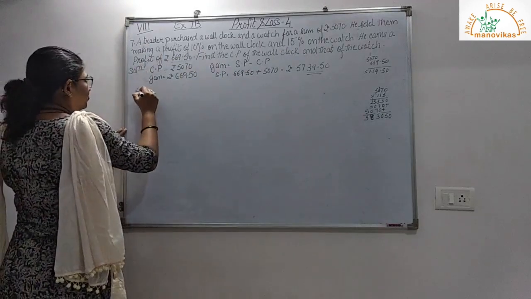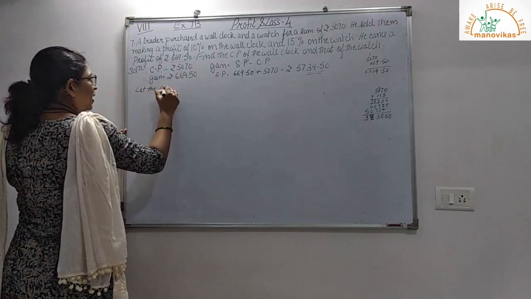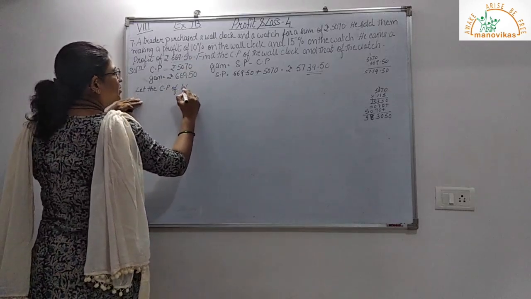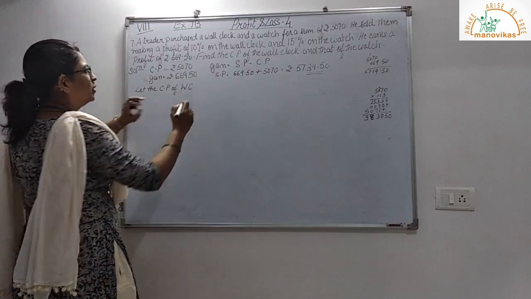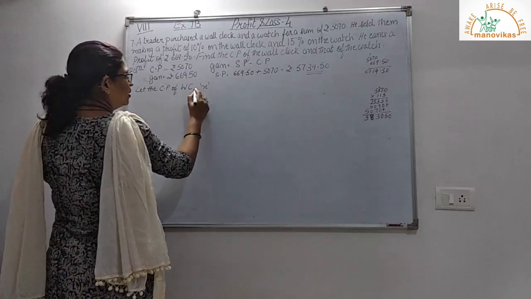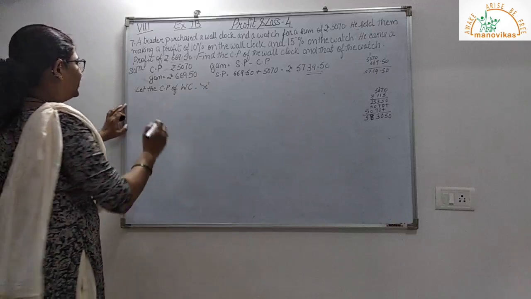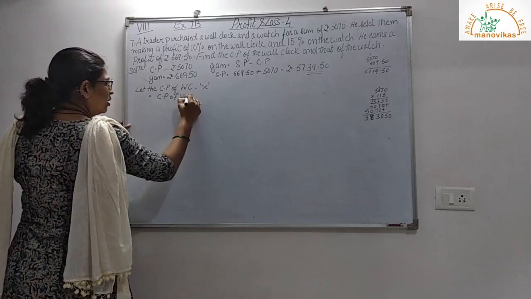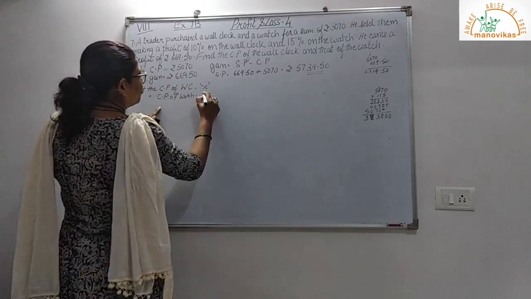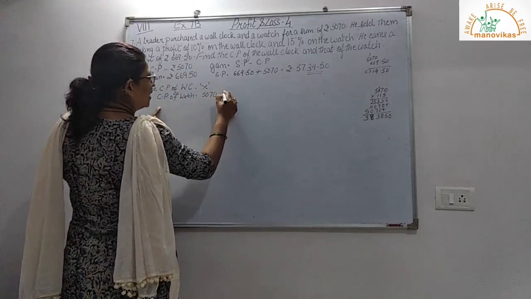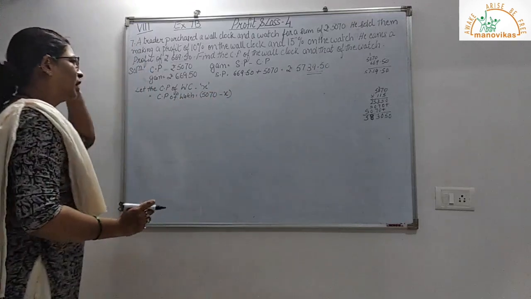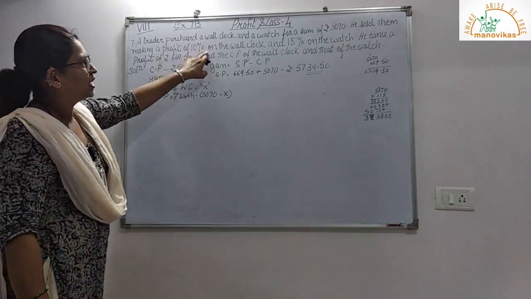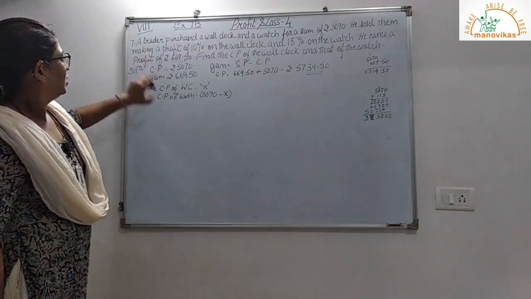So let the cost price of the wall clock, I will write in short form WC, be X. If this is equal to X, then the cost price of the watch will be equal to 5070 minus X.